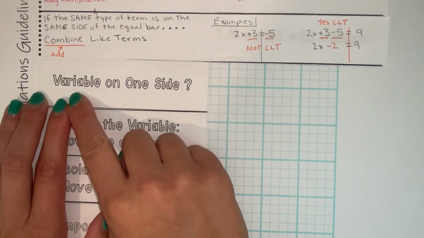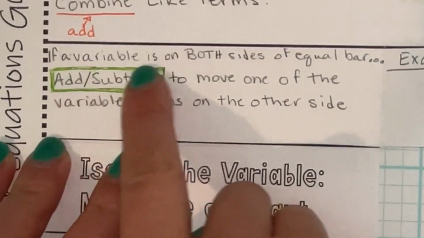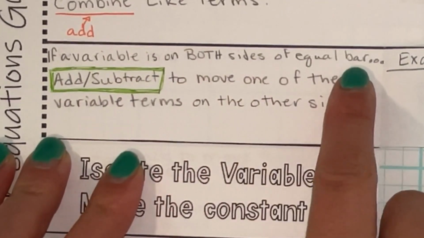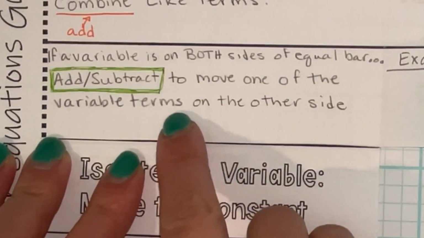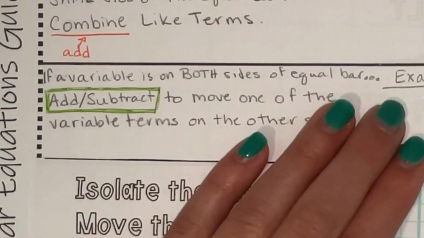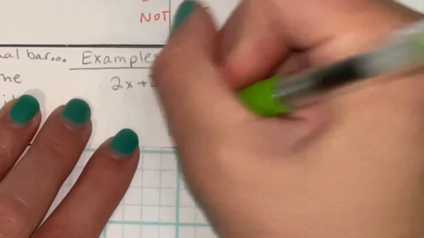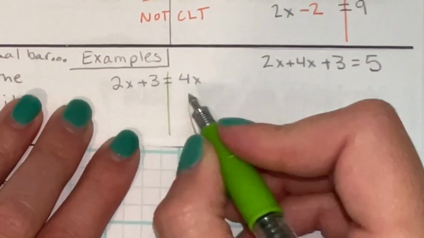Okay, so the next one is variable on one side, question mark. So what this means is if a variable is on both sides of an equal bar, you will add or subtract to move one of the variable terms to the other side, okay? So, for example, I draw my equal bar down my equal sign, and I have a 2x and I have a 4x. The variable's on both sides.